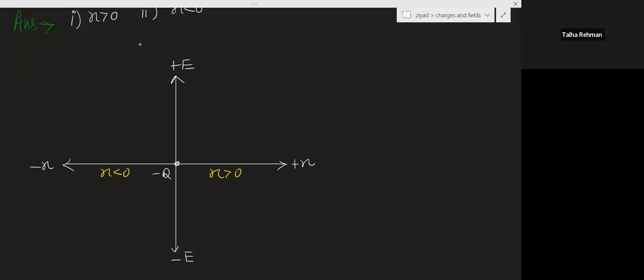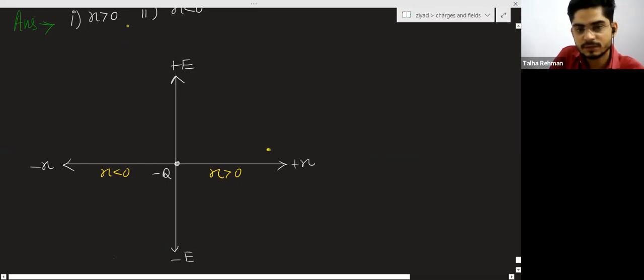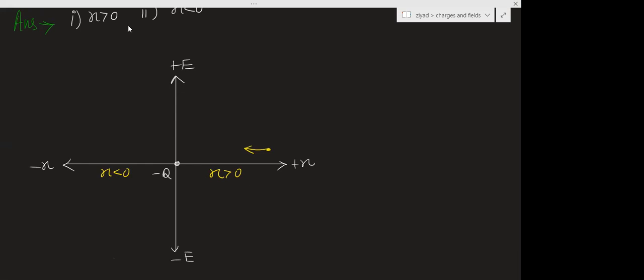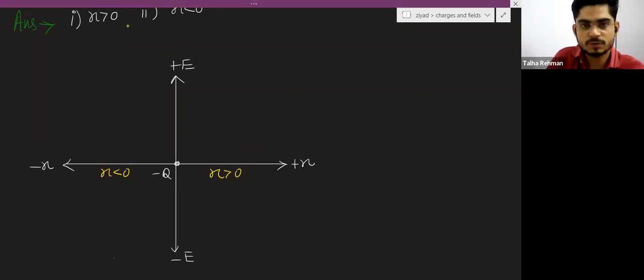For x greater than 0, find the direction of electric field here. Here is the negative charge plate. If you find the direction of electric field here in this quadrant, then you will get the direction of electric field in this direction.